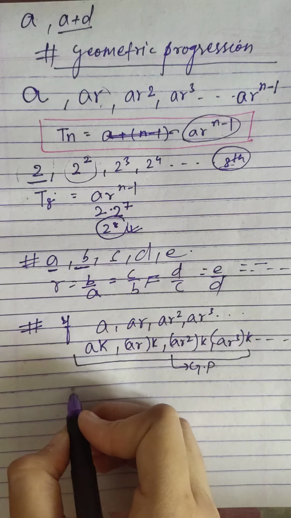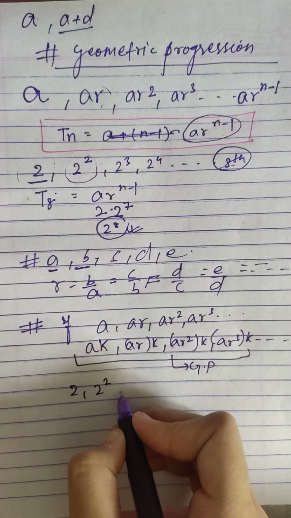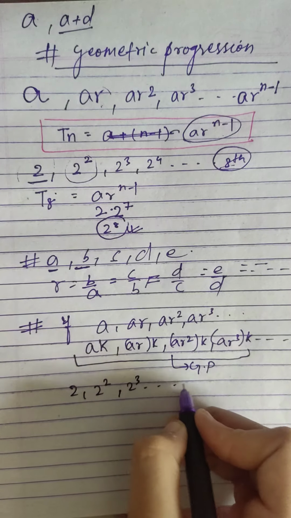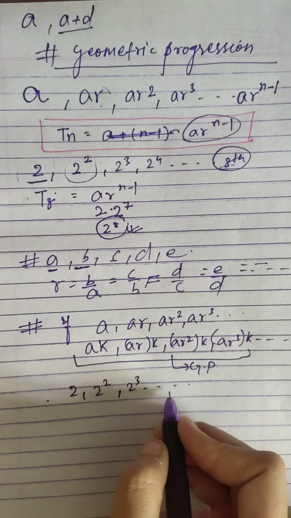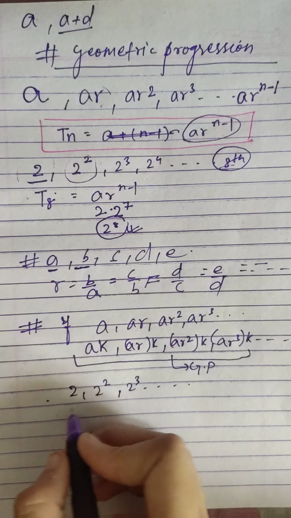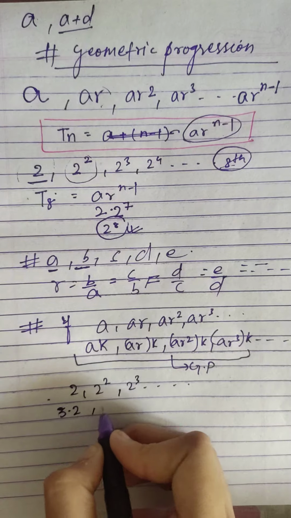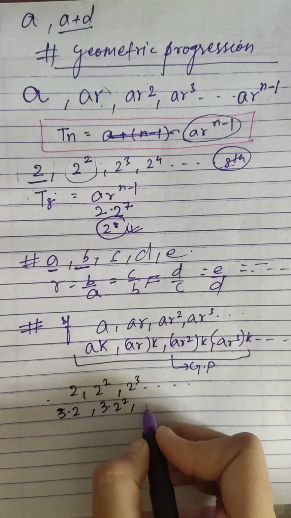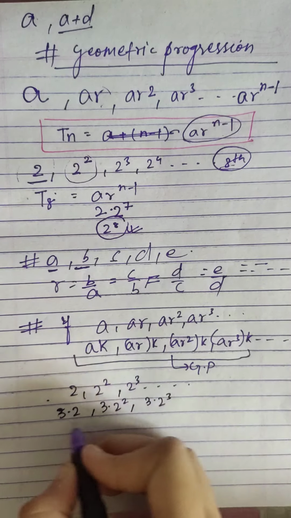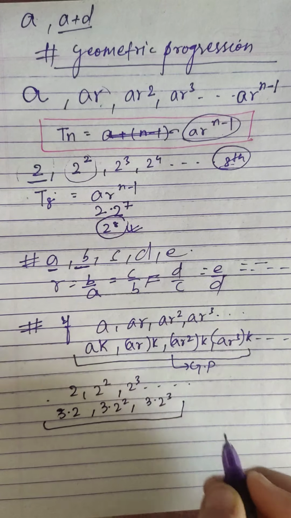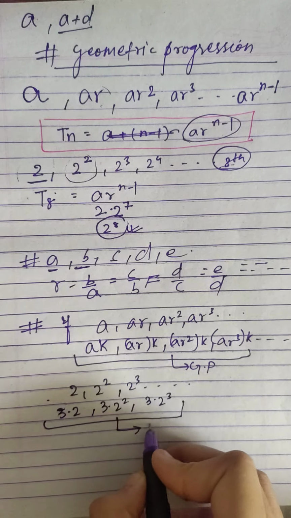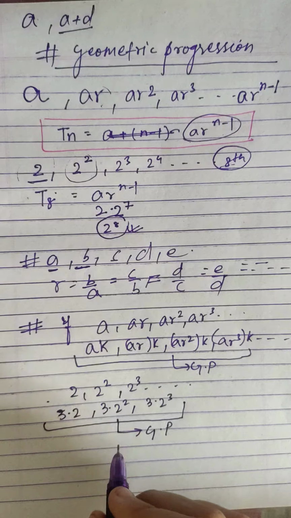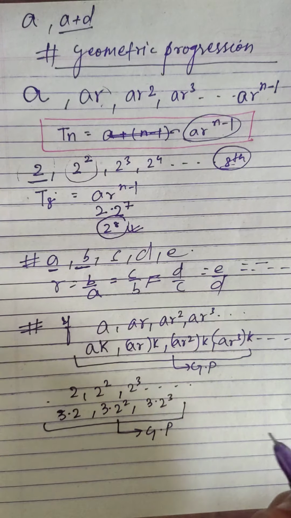Suppose you are having 2, 2 square, 2 cube, this is your GP, and you are multiplying it with some constant 3, so it is 3 into 2, 3 into 2 to the power 2, 3 into 2 to the power 3. So this group of numbers is also going to be in GP.